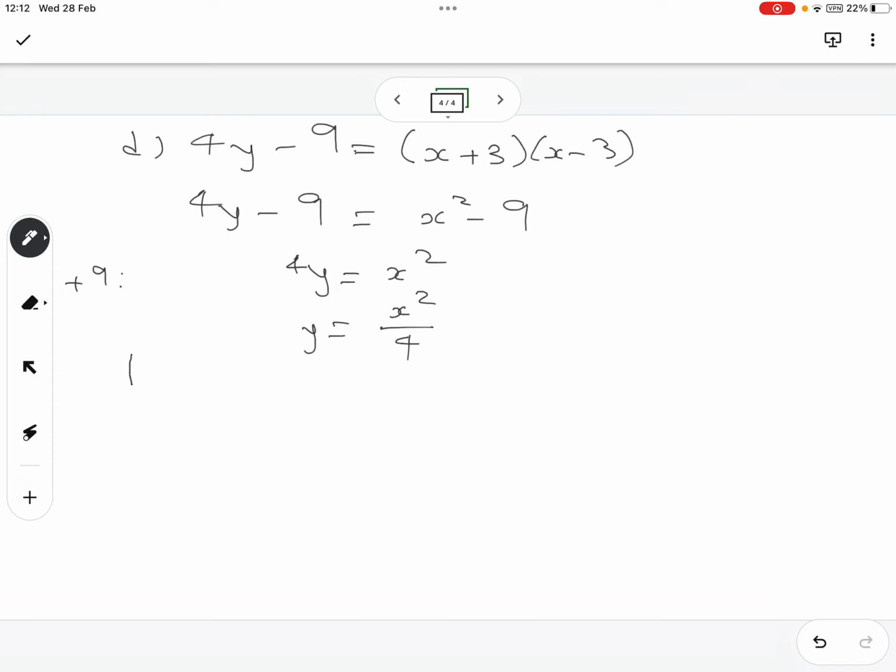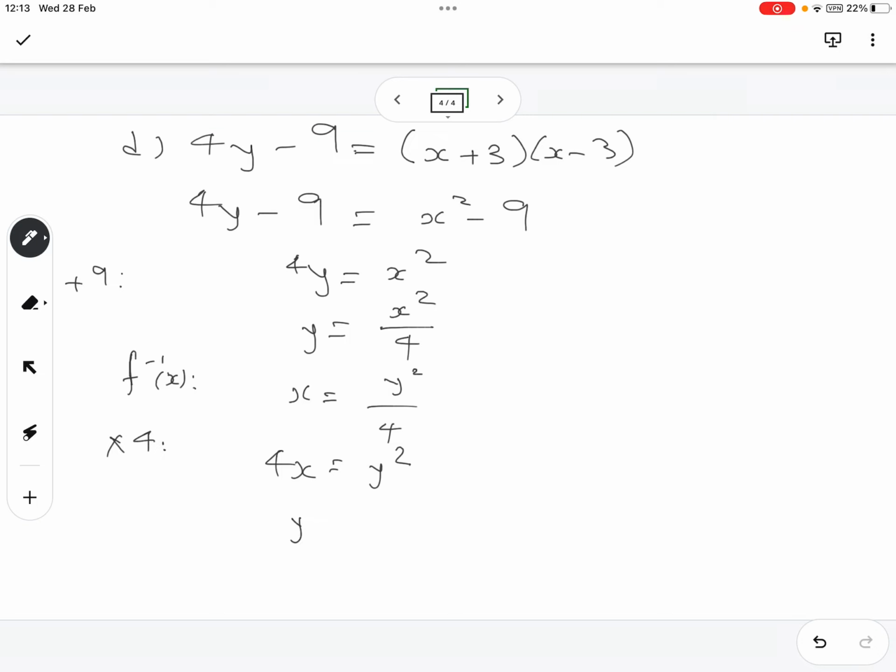Now to find the inverse of f, we swap x and y. I'm gonna have x equals y squared over 4. Correct. And then what do we do next? We make y the subject of the formula. So 4x is equal to y squared.